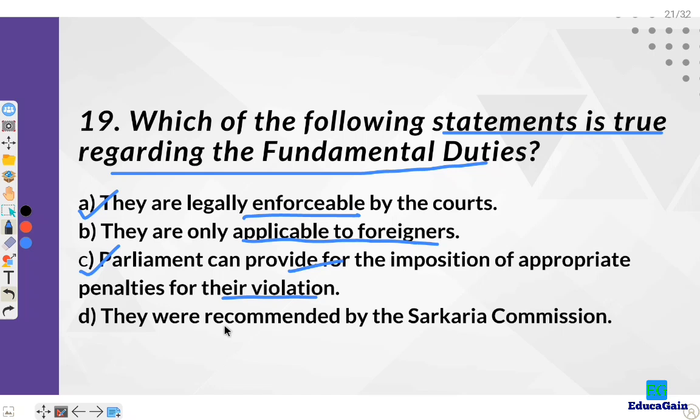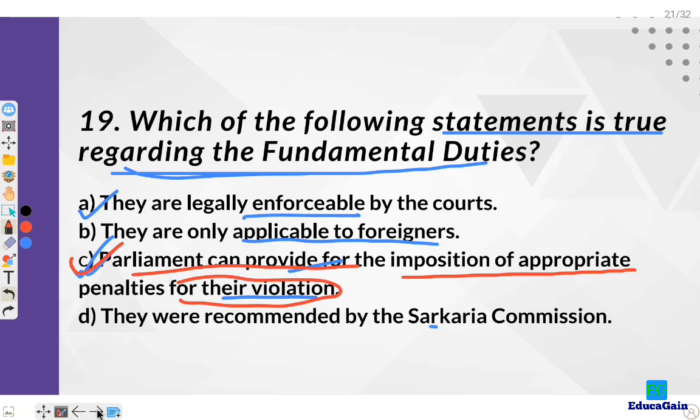D, they were recommended by the Sarkaria Commission. Which of the following statements is true regarding the fundamental duties? The correct answer is C. Parliament can provide for imposition of appropriate penalties for their violation. Okay.